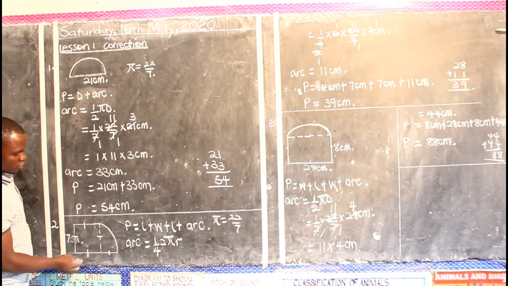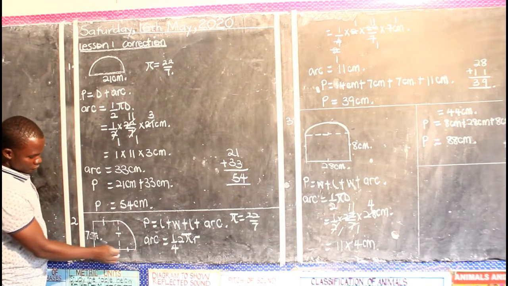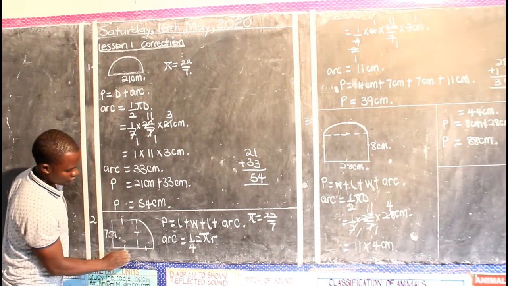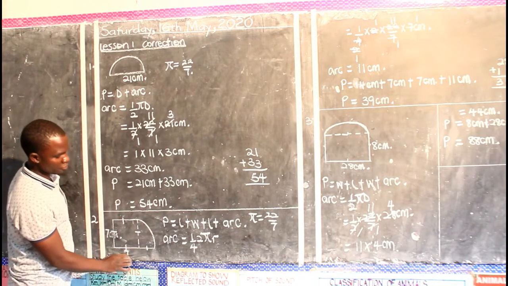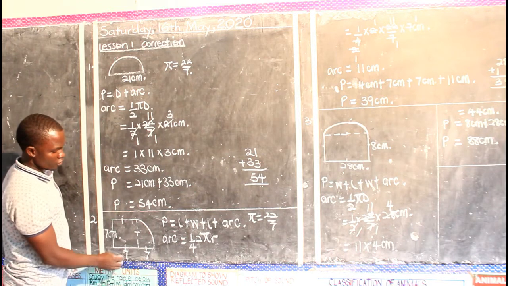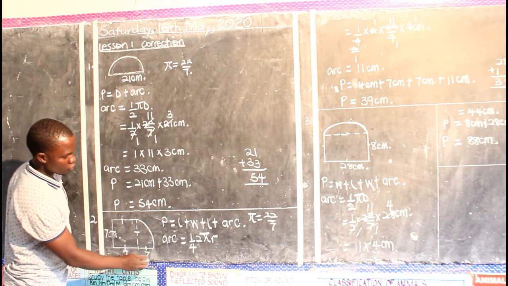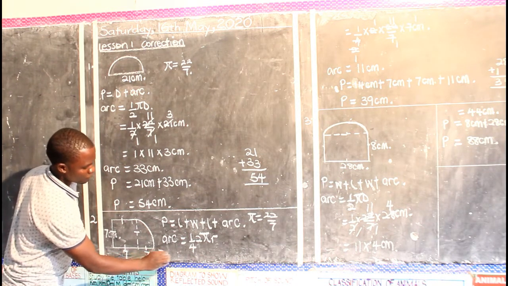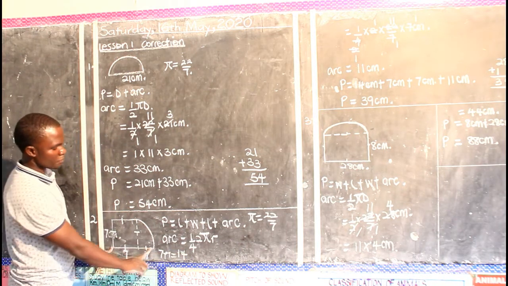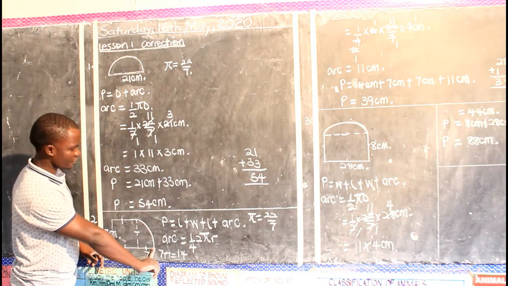So, what is the length of this side? If this is 7, this part here will be 7. This one here will be 7, and also from here to here is also 7. Now, if you add 7 plus this 7, you are going to have 14. From here up to here is 14 centimeters.